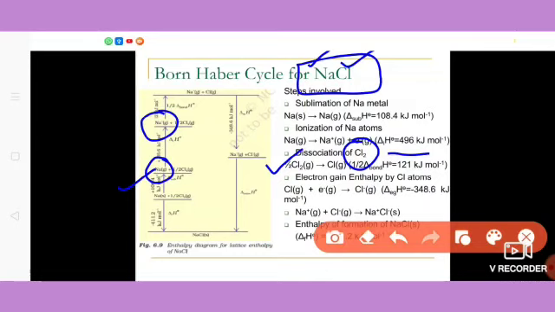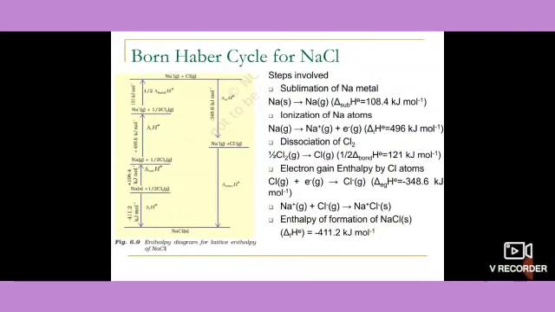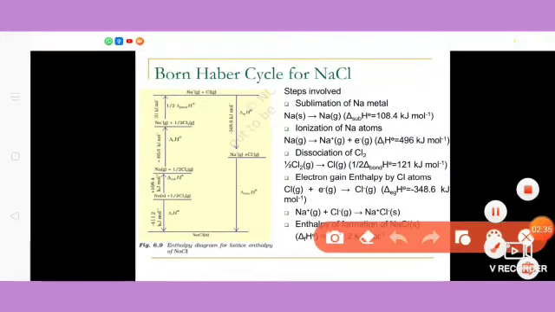And therefore, the bond dissociation energy gets halved. So, by the involvement of half of the bond dissociation energy, the half mole of chlorine gas converts into the chlorine gaseous atoms.